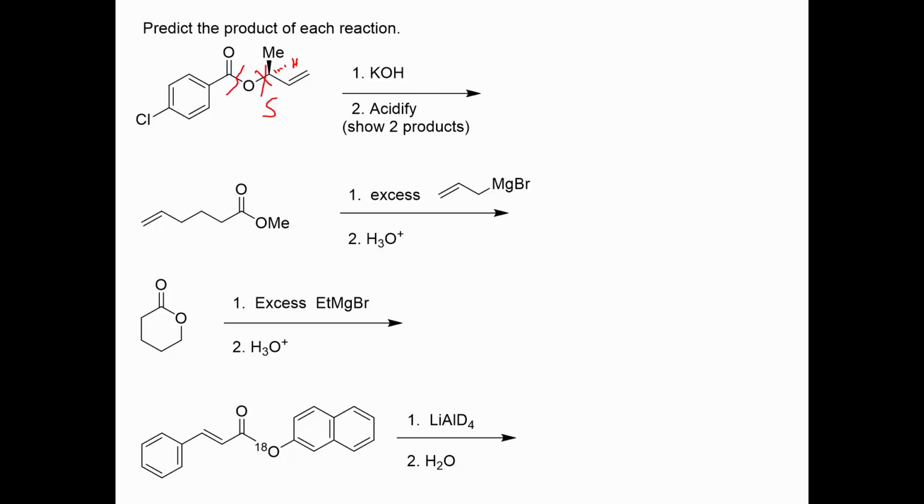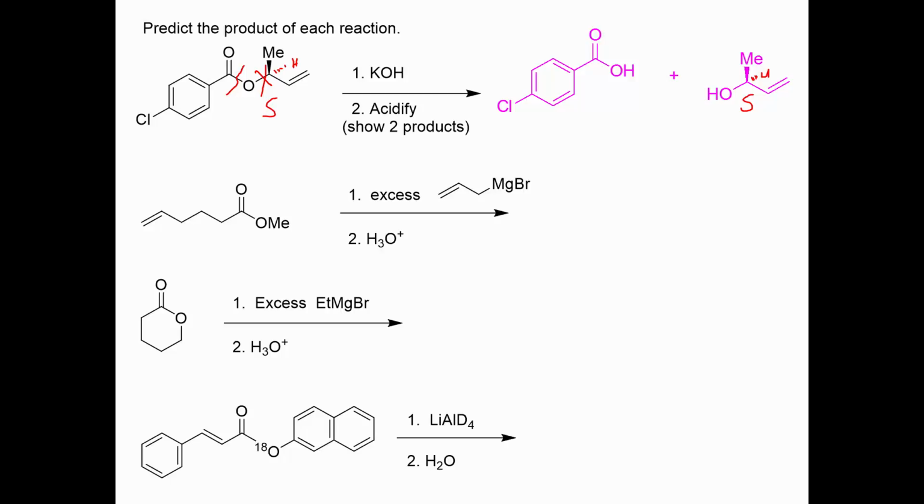We don't do anything to that CO bond, right? So we're going to treat this with KOH, and then we're going to acidify it. And we're going to make that alcohol with its retention of configuration. It's still going to be S. And we're going to make the carboxylic acid.